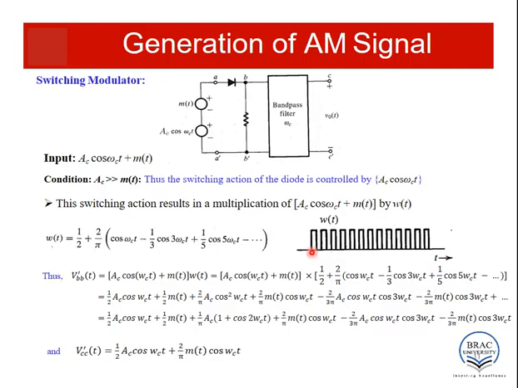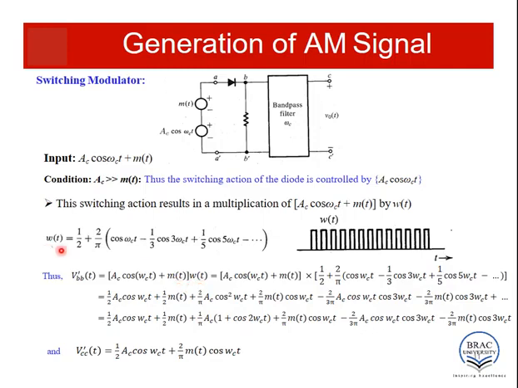As the switching operation depends on the carrier, the frequency of w(t) will also be ω_c. So the signal at point B, or v'_B, is A_c cos ω_c t plus m(t), multiplied by w(t).